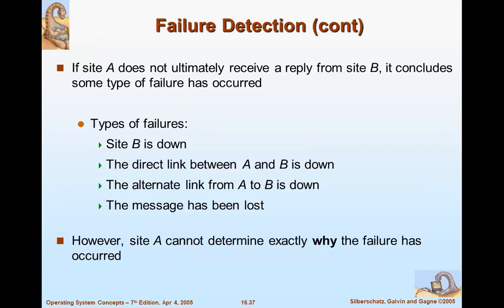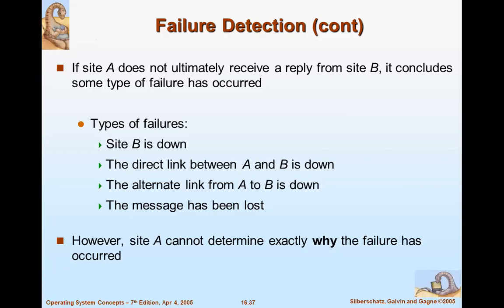There are different types of failure. Number one, site B is down. Number two, the direct link between site A and B is down, and there may be an alternate link. The alternate link from site A to B is down, or the message has been lost.